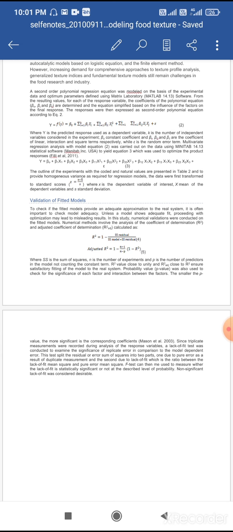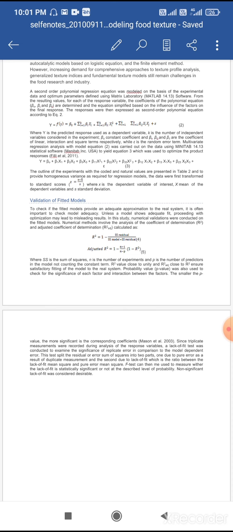Validation of the fitted model after data analysis. Here we need to check if the fitted model provides an adequate approximation to the real system. It is often important to check model accuracy.